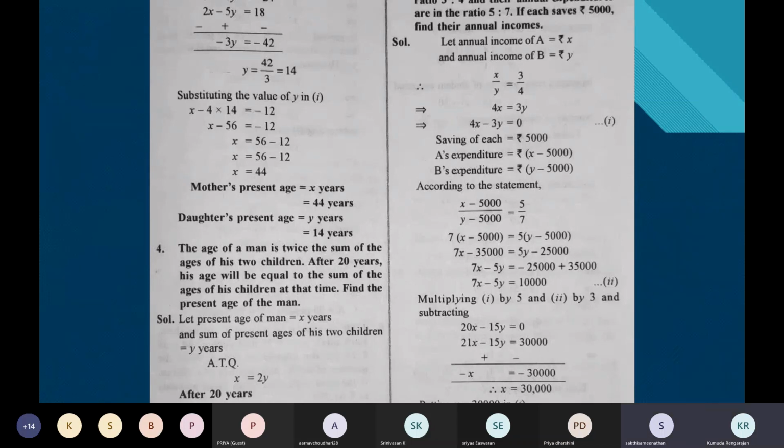Now supposing there are 4 children. The sum of the ages of 4 children is y. What will be the sum of their ages after 4 years?